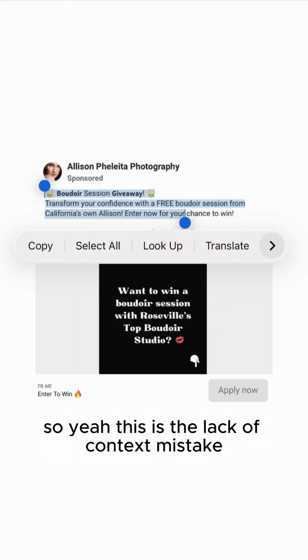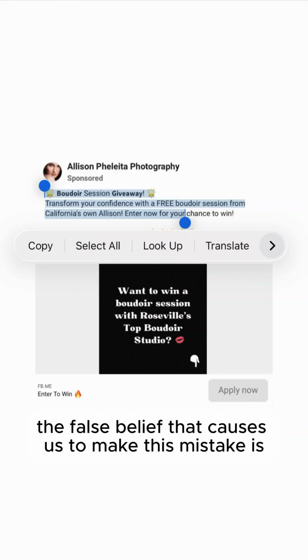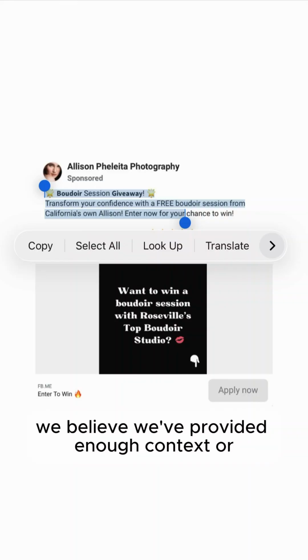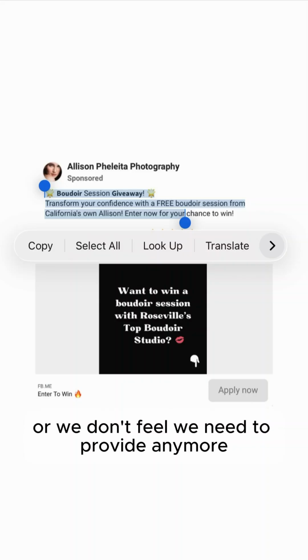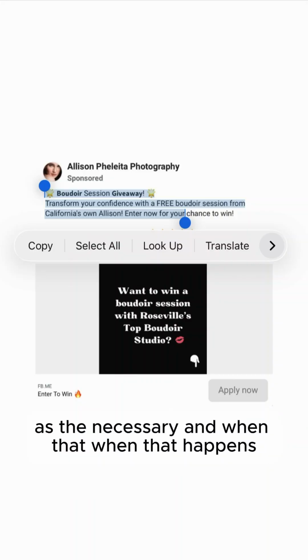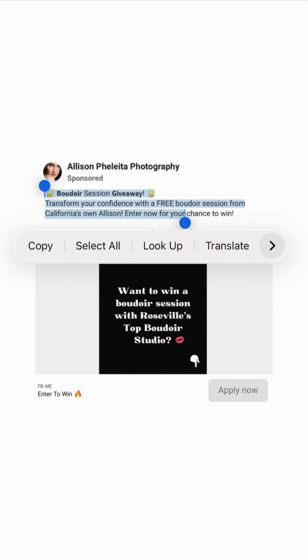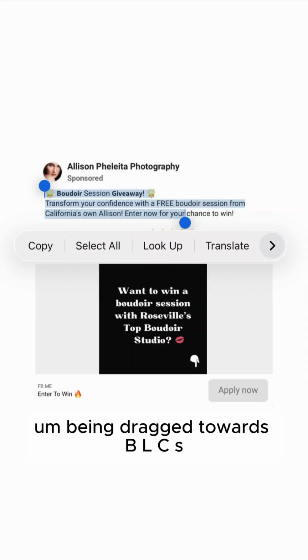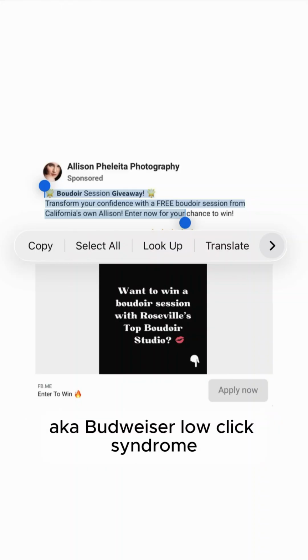So, yeah, this is the lack of context mistake. The false belief that caused us to make this mistake is we believe we've provided enough context, or we don't feel we need to provide any more. And the consequence is way more women scrolling by our Boudoir Facebook ads than necessary. And when that happens, we are being dragged towards BLCS, aka Boudoir low click syndrome.